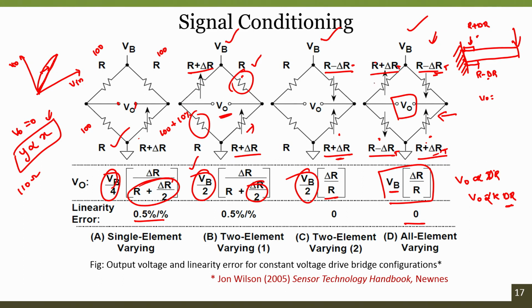So, all resistors will behave as R plus delta R for a temperature change. When all resistances are R plus delta R, the V naught will be VB by 2 here, and VB by 2 here. So, V naught is equal to 0. So, it compensates for the temperature effects.